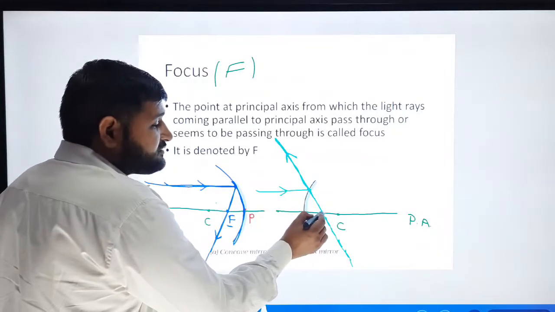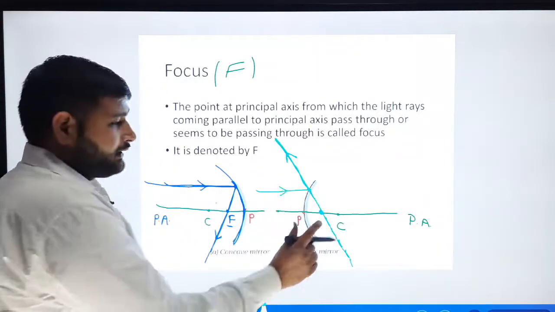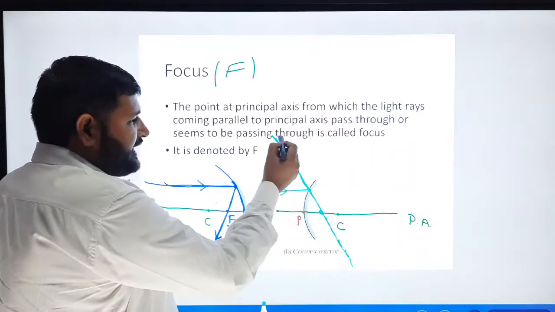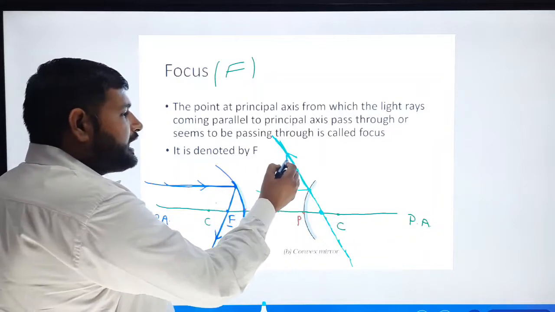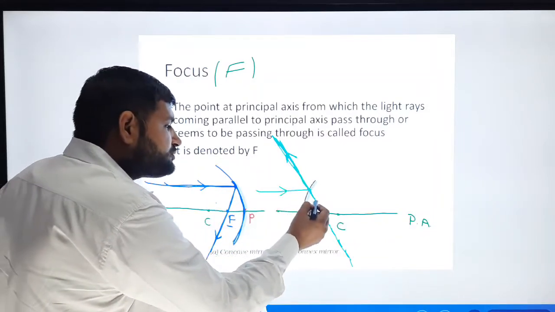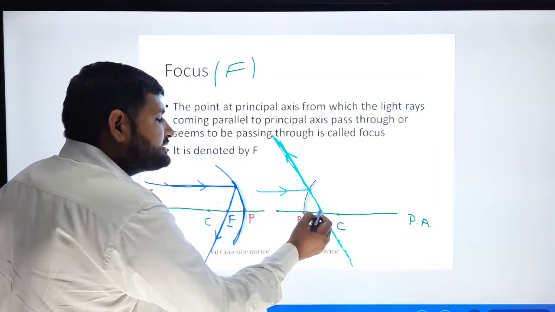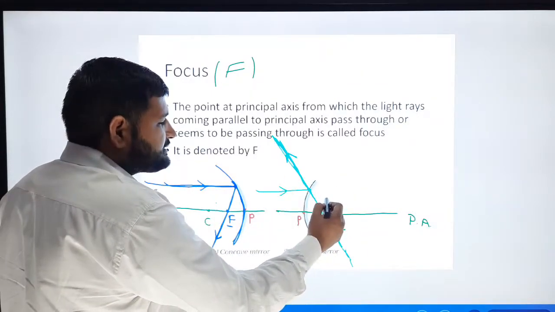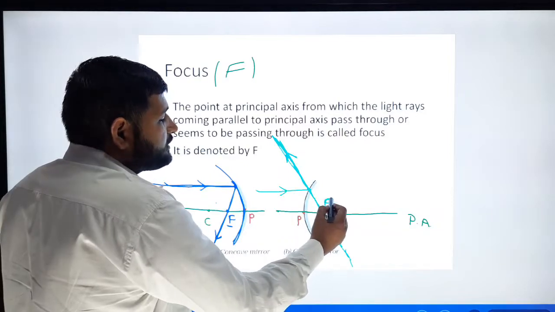This intersection is quite imaginary, this is not real. Okay. These reflected light rays seem to be coming through this point, and this virtual or imaginary point of intersection upon principal axis is called focus.